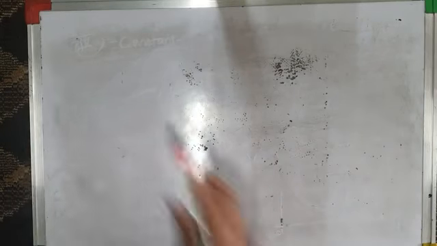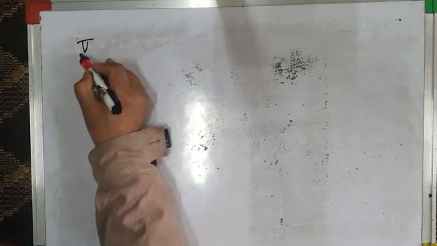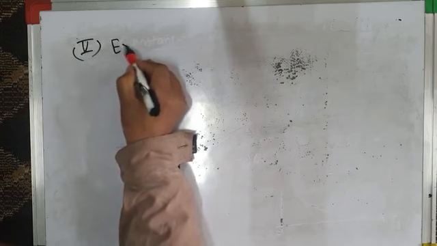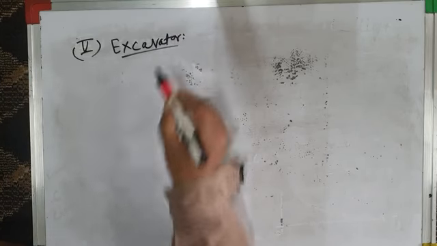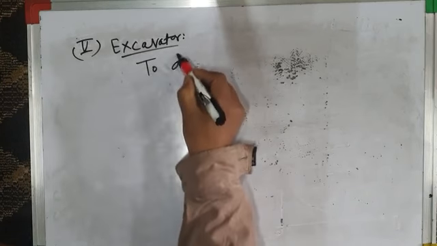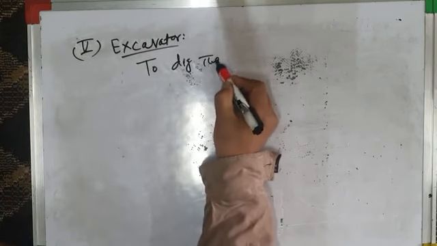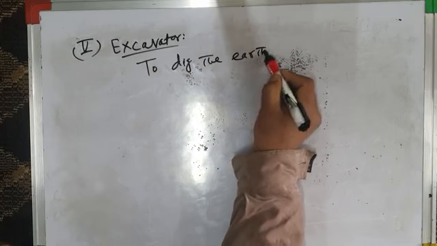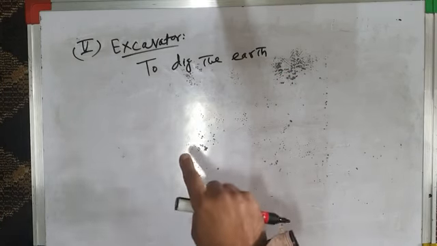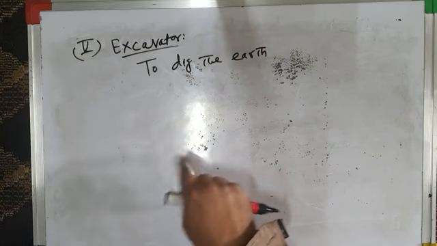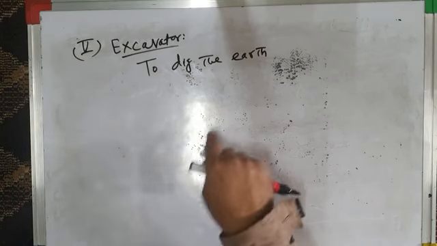And finally, I will take one more example, an excavator. What is an excavator? The job of an excavator is to dig the earth. While digging, the excavator may develop a large amount of torque.